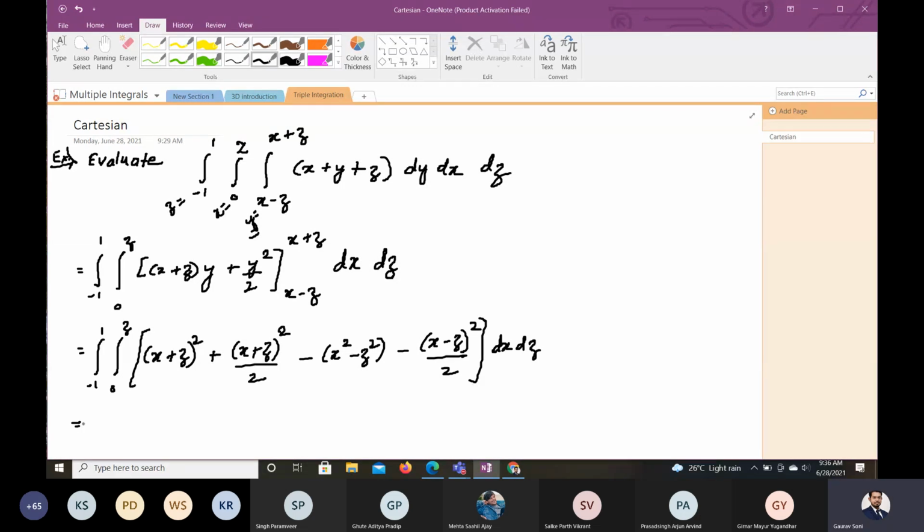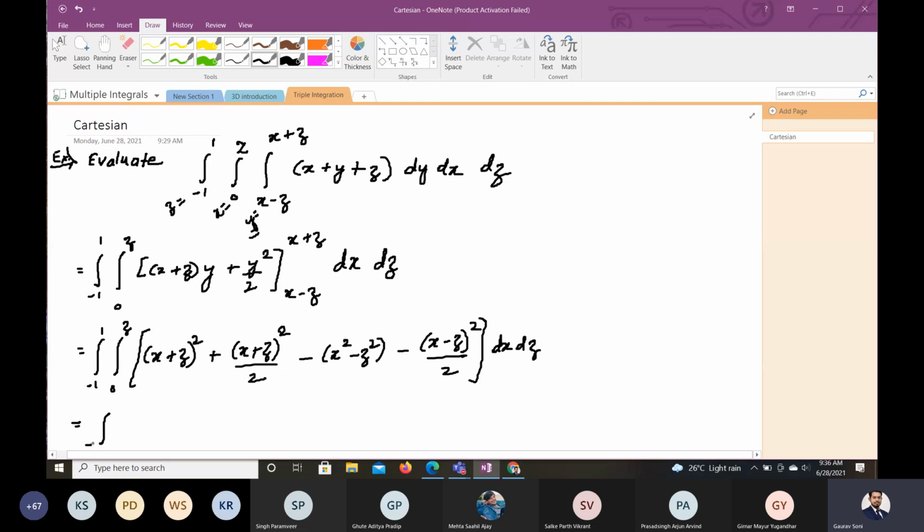Well, the integration is possible with respect to x. Okay, so x plus z whole square, if we integrate, that will be x plus z whole cube divided by 3, right? Then the next term, you can simplify this, this will be 1 plus 1 by 2, actually 3 by 2 x plus z whole square.